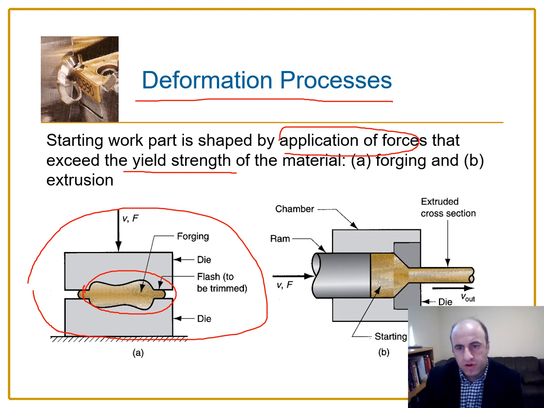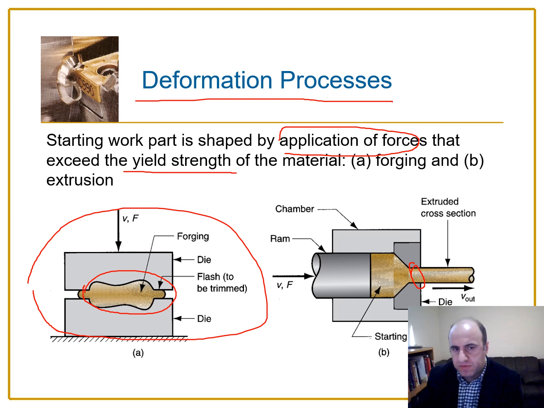The other process is called extrusion, where the material has to be ductile, and then the part is going to be forced through this nozzle, and then the part will take the shape of this nozzle. The nozzle can be circular, elliptical, any shape, depending on the design.